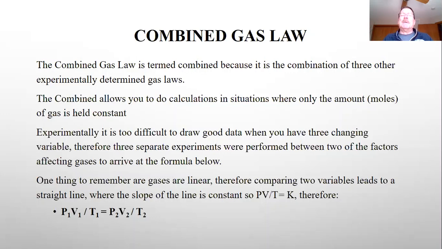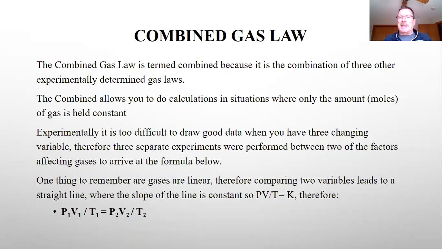Now, you have 4 factors that affect a gas, and really the only one you can actually hold constant is the amount, the number of moles. You cannot do a viable experiment with the other 3 variables, trying to keep good quantifiable data, which is why we had the other 3 laws.